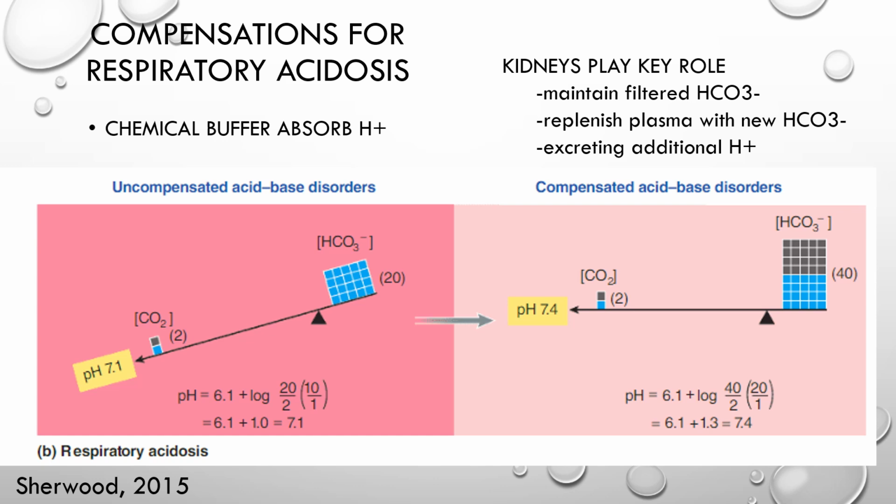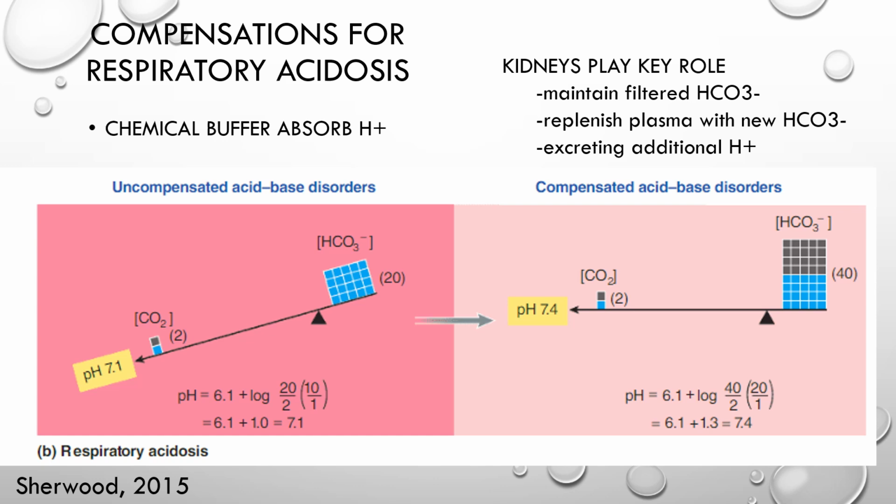The plasma HCO3 is doubled in the image that we see, making the HCO3 to CO2 ratio 40:2 instead of 20:2, as it was in the uncompensated state. The pH is once more the standard 7.4, since the ratio of 40:2 is equivalent to 20:1.